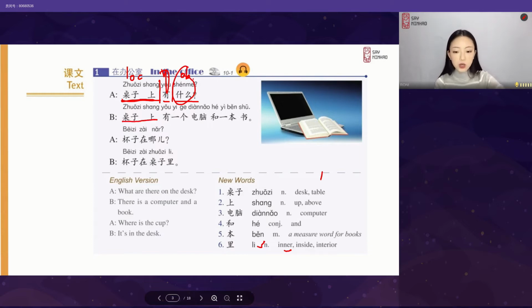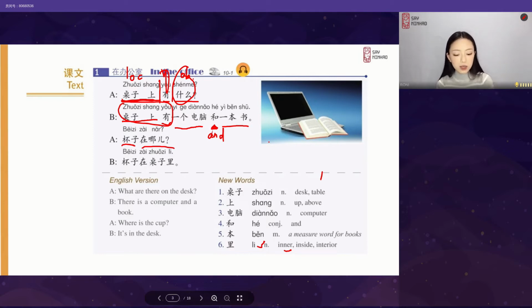Next one is 桌子上有. You can see on the table there are 一个电脑和一本书. 一个电脑 means a computer. 和 here is the new word. 和一本书, a computer and a book. And it asks again, 杯子在哪儿?